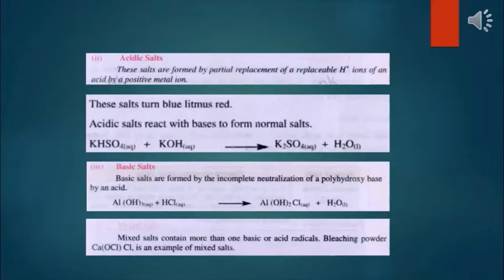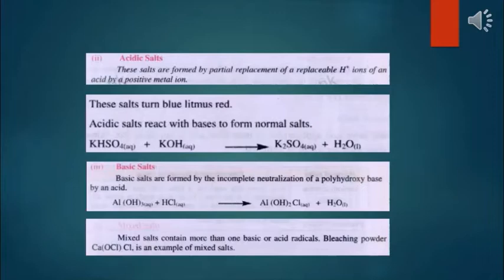Basic salts are formed by the incomplete neutralization of a polyhydroxy base by an acid. This polyhydroxy base means, as you can see in the example below, aluminium hydroxide reacting with hydrochloric acid. This aluminium hydroxide has three hydroxyl groups attached to it, so that is why it is called a polyhydroxy base.